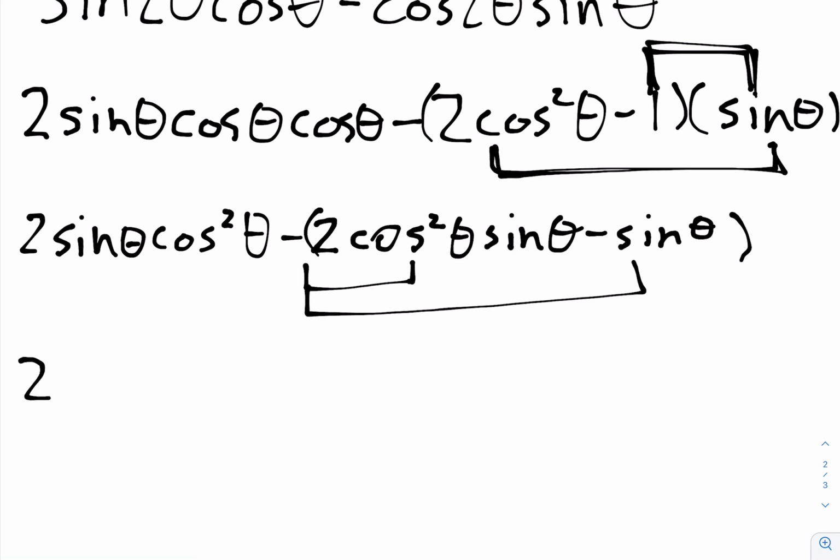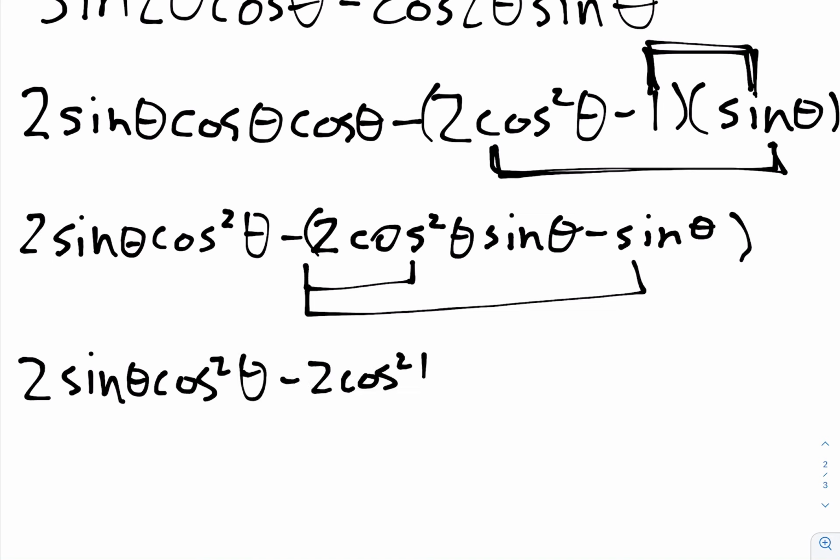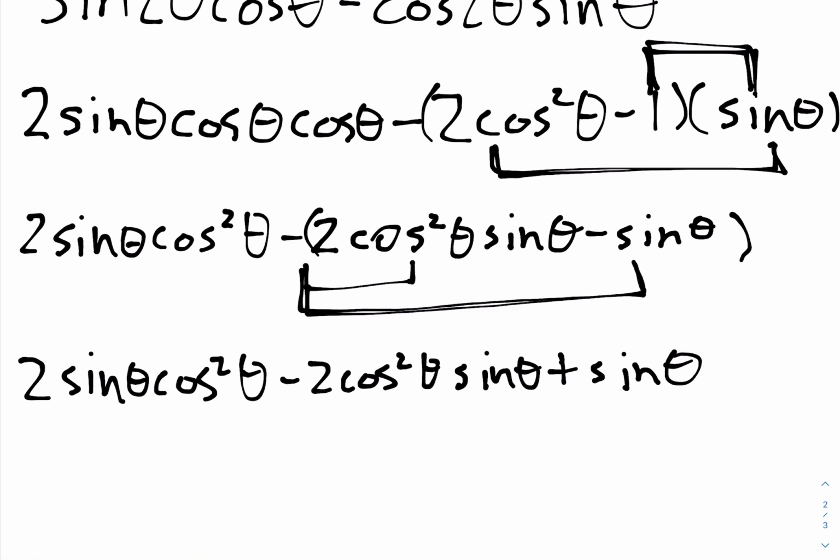Okay, so this is going to be 2 sine theta cos squared theta minus 2 cos squared theta sine theta, and then negative times a negative is just plus sine theta, right?